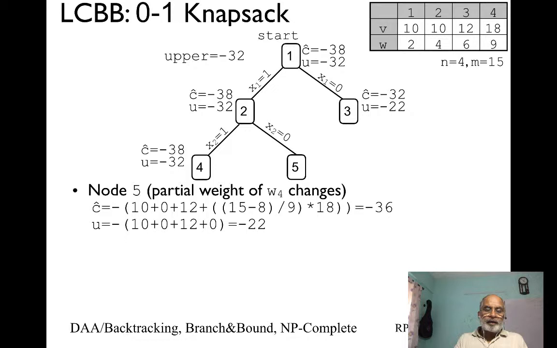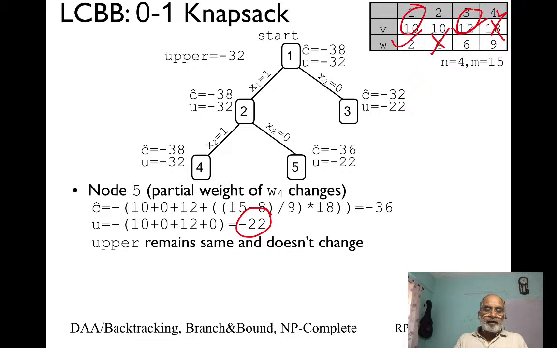I'm taking this value, I'm not taking this, I'm taking this value, and since this has partial, I'm not taking this value. So my upper bound becomes 10 plus 12, which is 22, and it's negative, it becomes minus 22. So my upper bound is minus 22. Now look at my upper corresponds 32, upper does not change, and we are fine. Upper remains same and doesn't change.